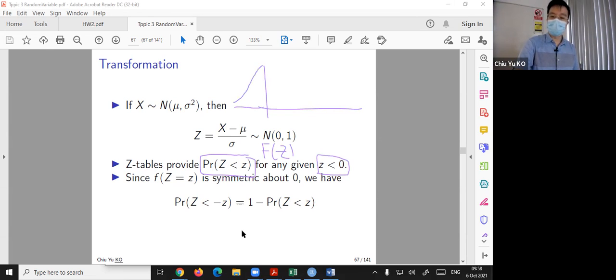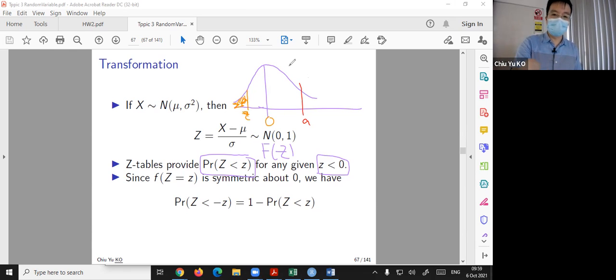There's a bell curve here, and this is the z table. It only gives the area from negative infinity up to a point a, and you don't need to worry about the other side.